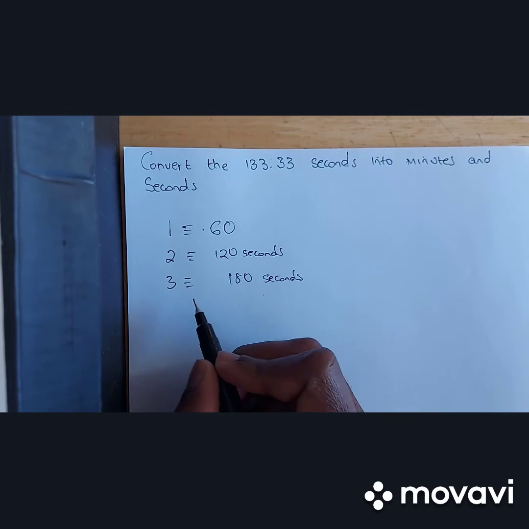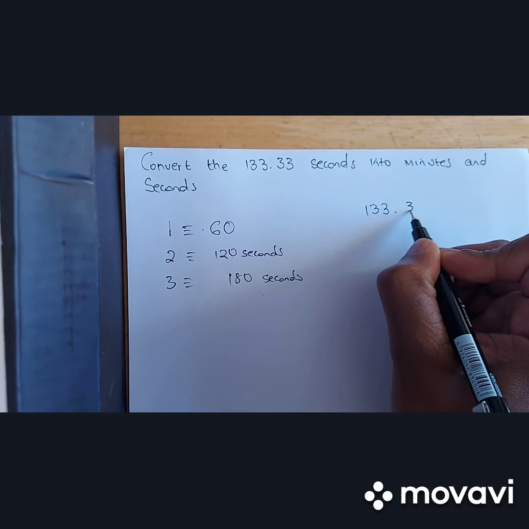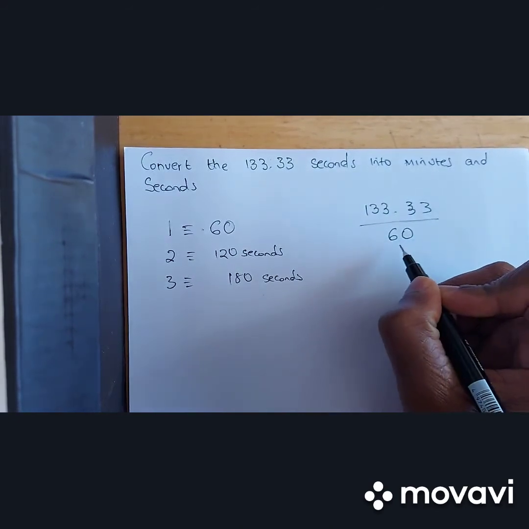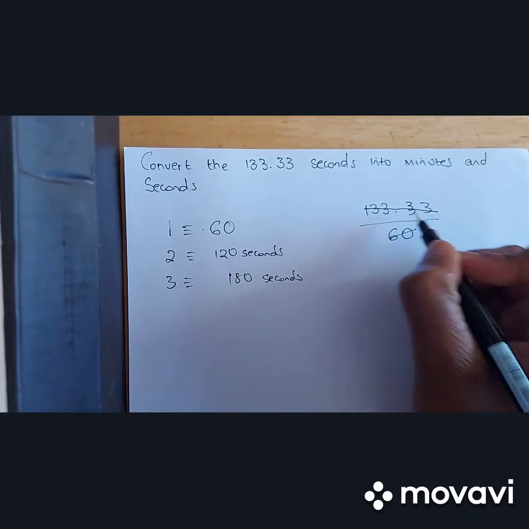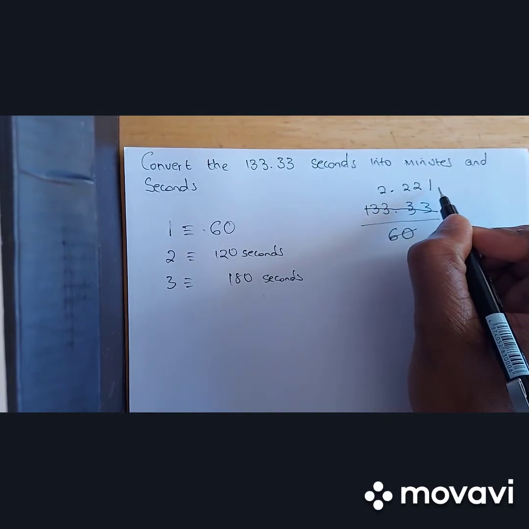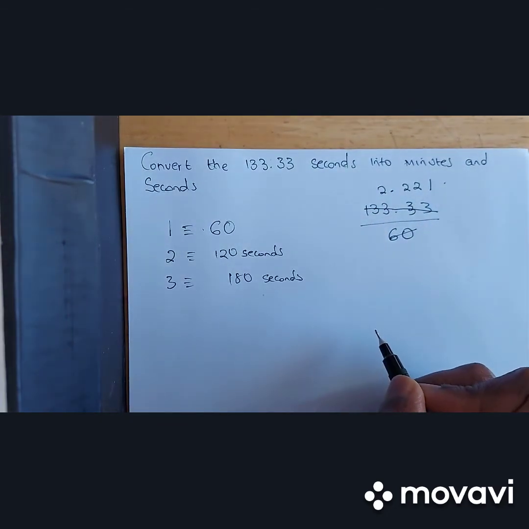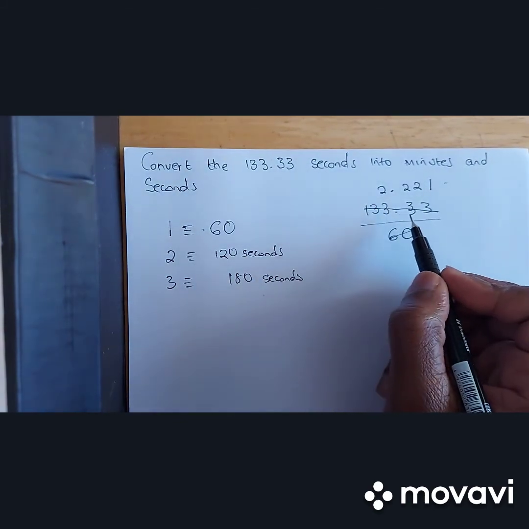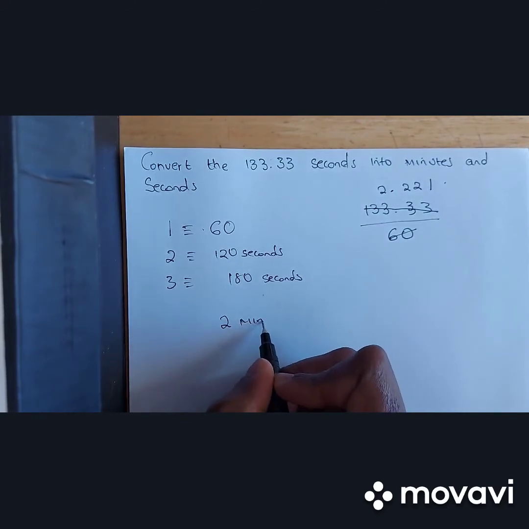So what we need to do now is divide 133.33 seconds by 60 seconds. 60 goes how many times into 133.33 seconds? It goes 2.221 times. So we know that in 133.33 seconds there are 2 minutes.